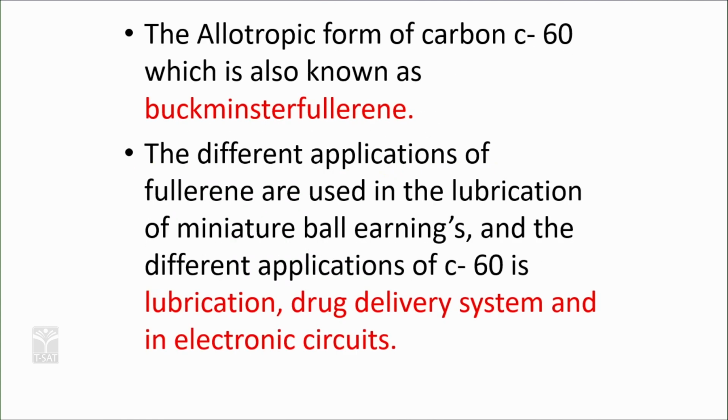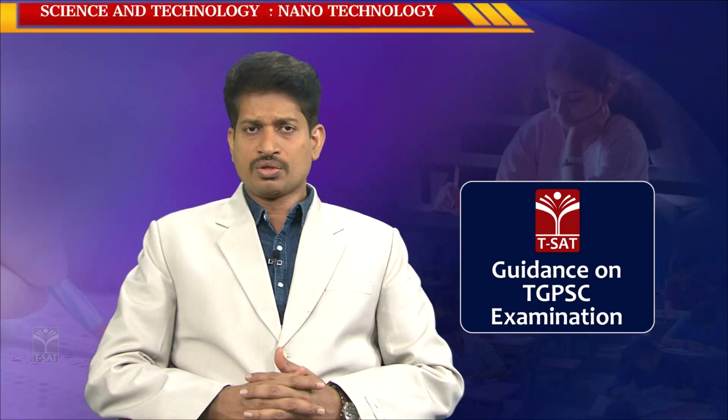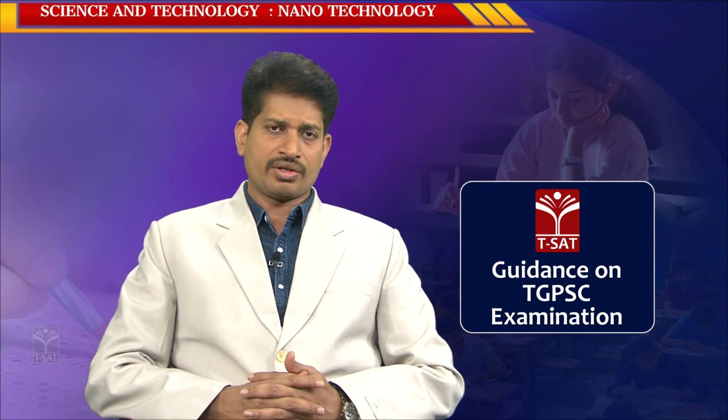The other application of nanotechnology is the allotropic form of carbon C60, which is known as Buckminster fullerenes. The advantage with Buckminster fullerenes is that this is a material which can be used for targeted drug delivery and lubrication of very large machinery.